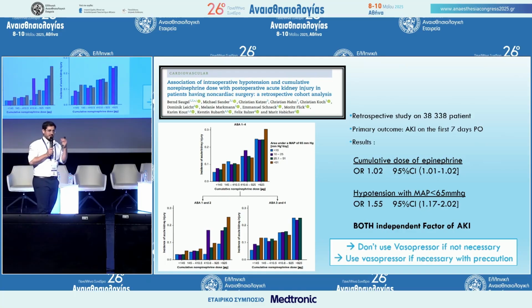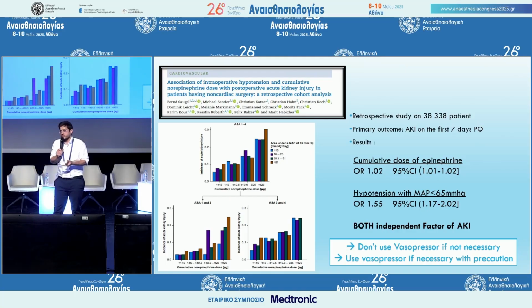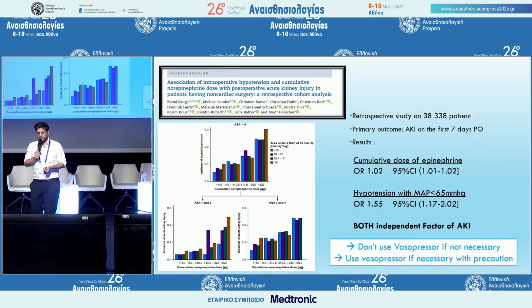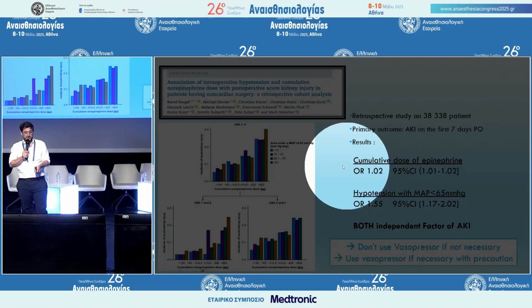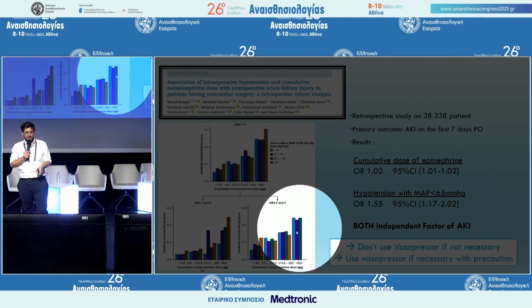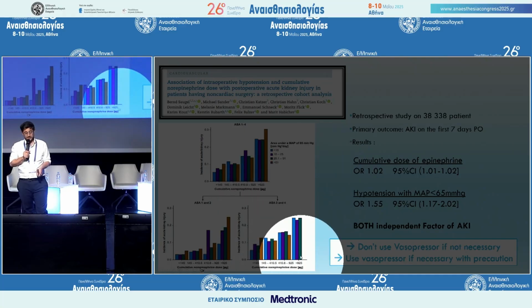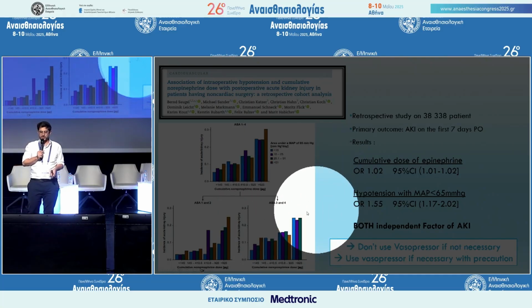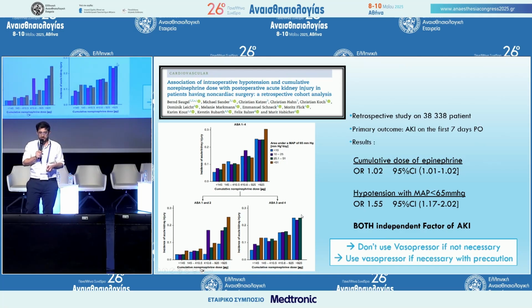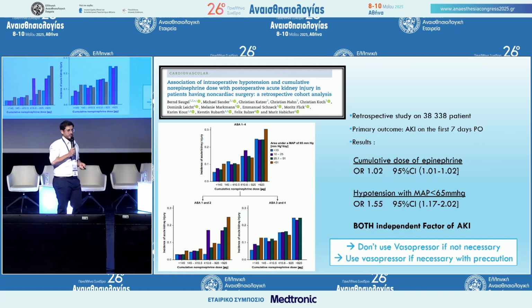And every time I hear, but for whom do you want to use it, for me it's very simple. Because it's an independent factor, all the patients maybe need a NOL monitor, I think, in order to reduce the amount of hypotension and the use of vasopressor.